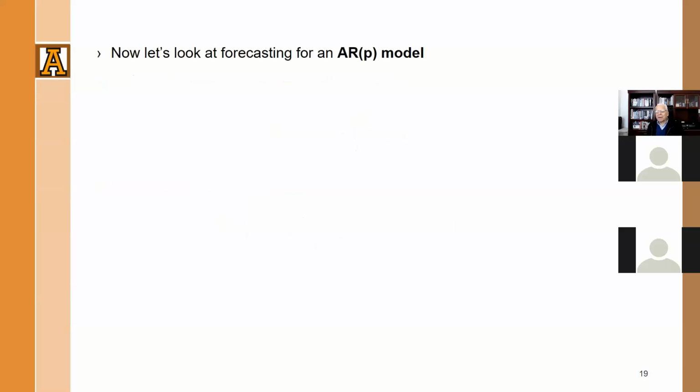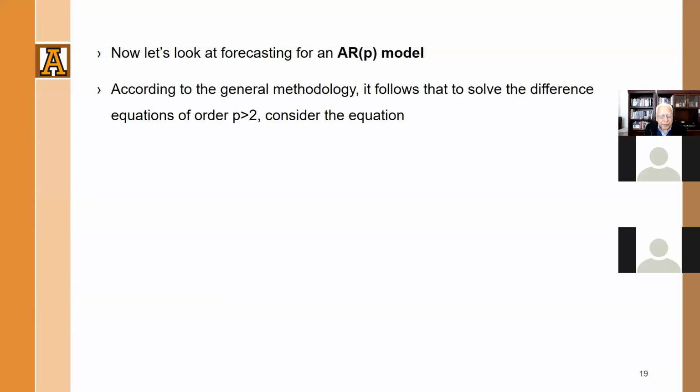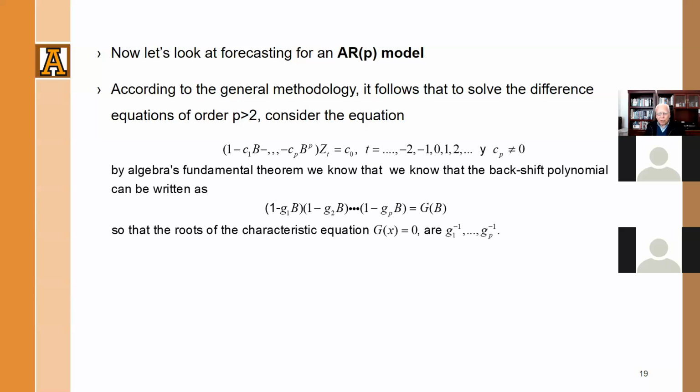Now, what if we have an AR(p) model, an autoregressive model of order p? If it's a purely autoregressive model, we already saw when we studied autoregressive models that to solve difference equations of order p, we consider this equation, which represents the autoregressive polynomial equal to zero.